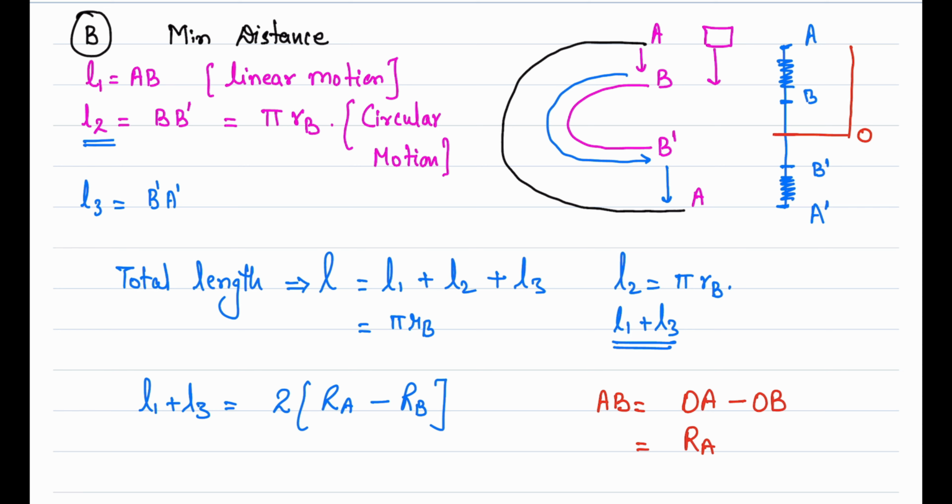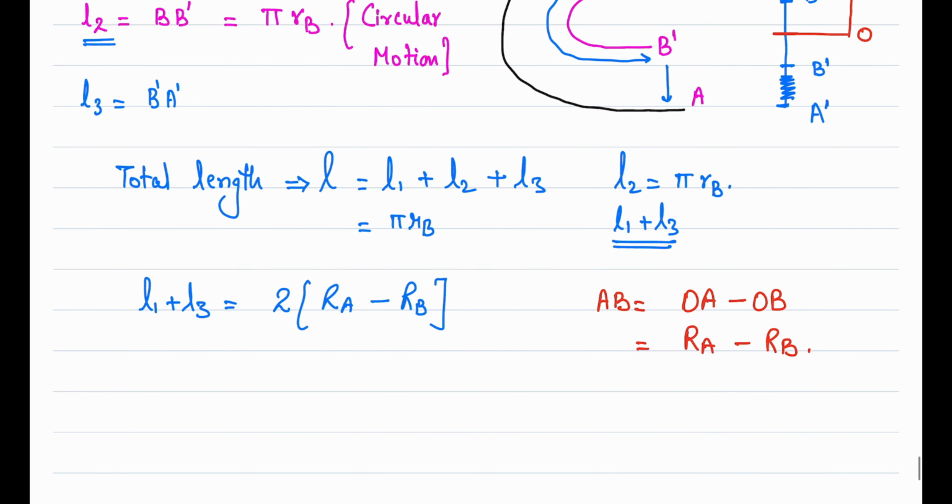Radius of A minus radius of B. Sure. And similarly, A dash B dash. What is this? OA dash minus OB dash, which is your radius of A minus radius of B. So can I say 2 times of radius of A minus radius of B? Yes or no? Do you understand this part?